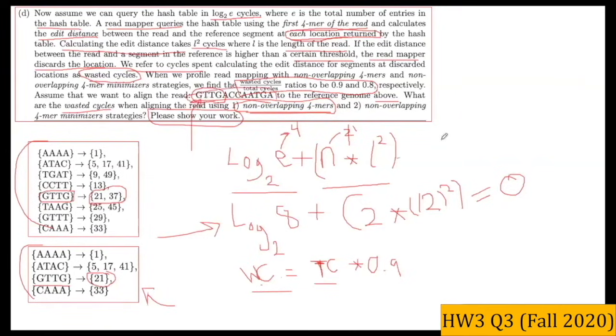And L should remain the same because we are using the same read. So we can directly apply this equation, and then we can calculate the WC, or the wasted cycles, using this equation, but the 0.9 here would be 0.8 as given by the question. You can see it here. I hope this is very much clear.